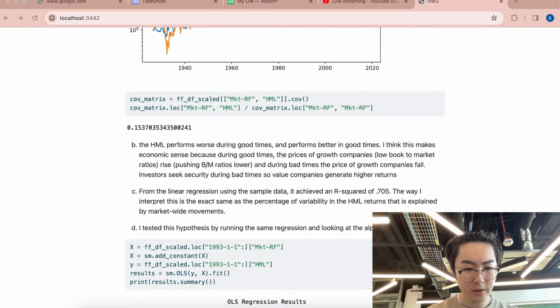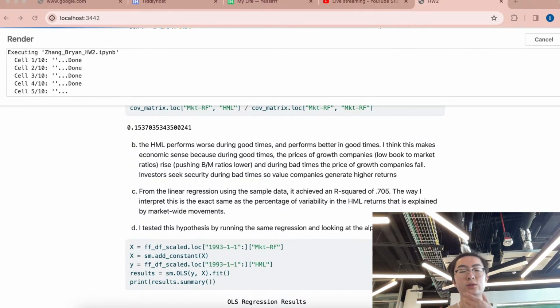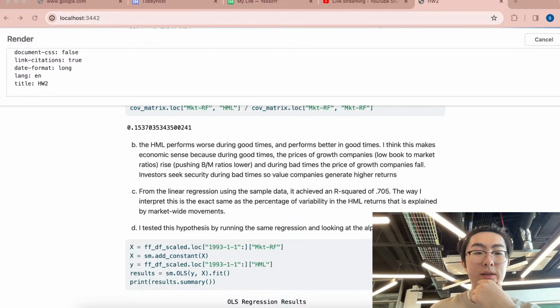So I think the analytical solution is going to be the covariance of... oh wait, do we square it though?